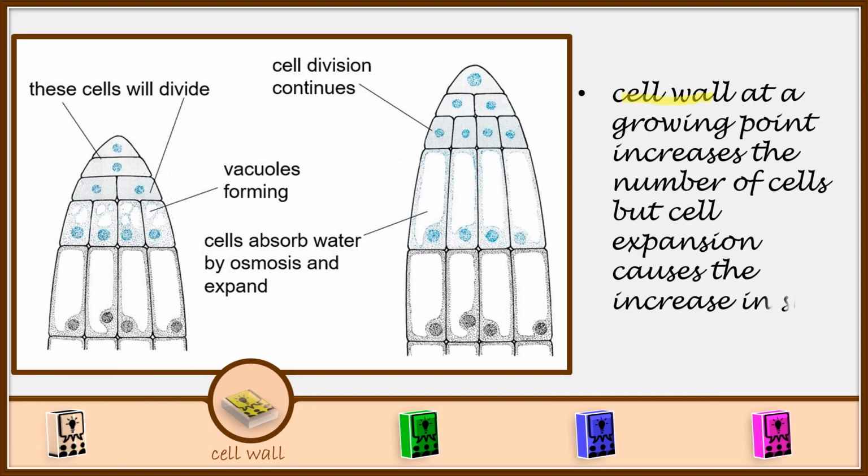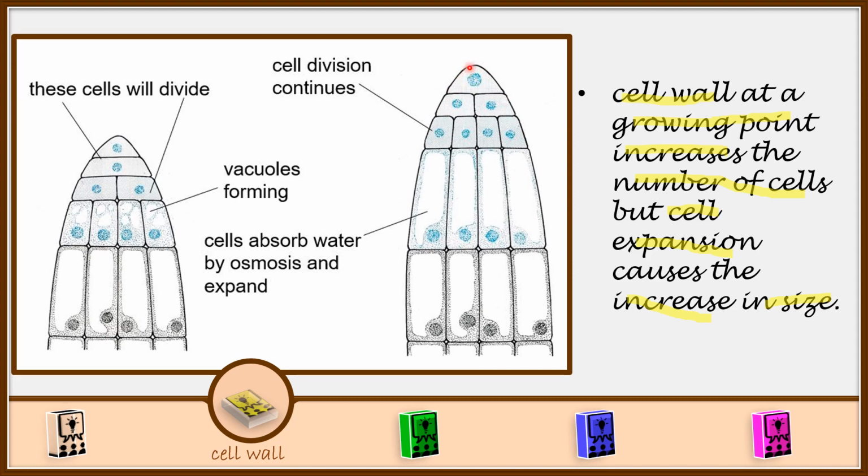The cell division at the growing point increases the number of cells, but the cell expansion causes the increase in size. So when you look here, we have regions. This upper region here is where cells are dividing.